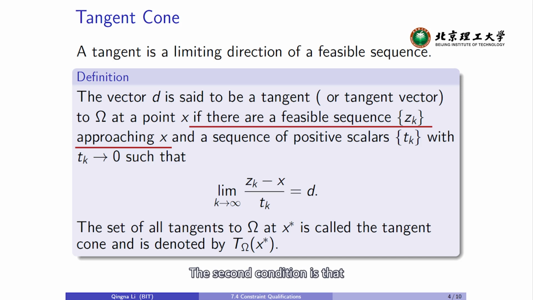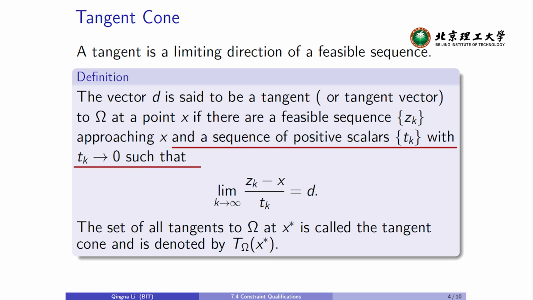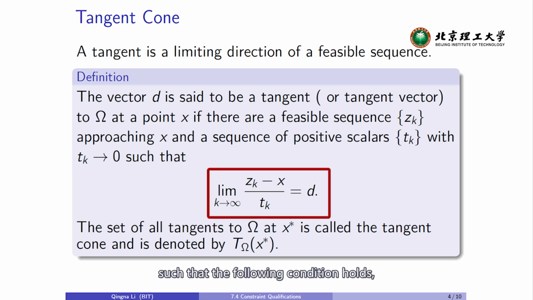The second condition is that there is a sequence of positive scalars tk with tk approaching 0 such that the limit of this ratio is exactly the direction d.